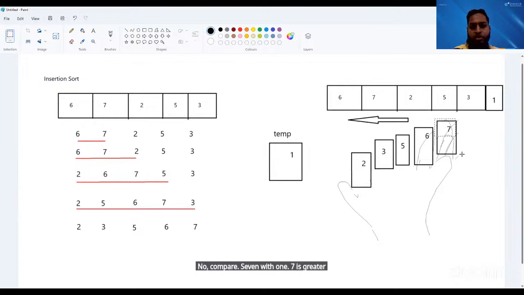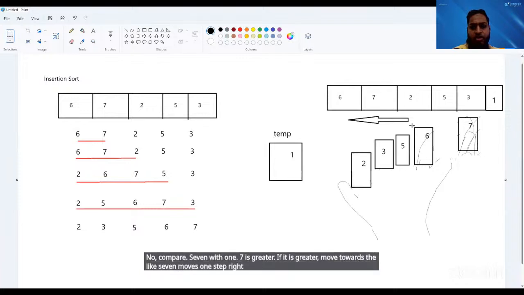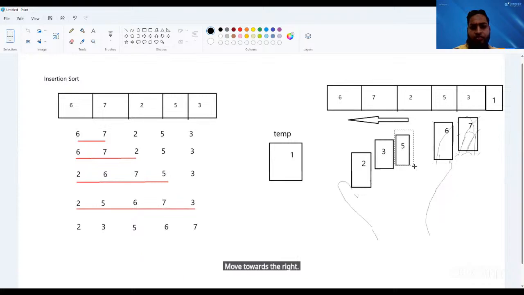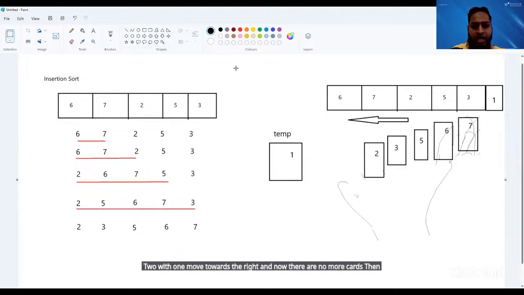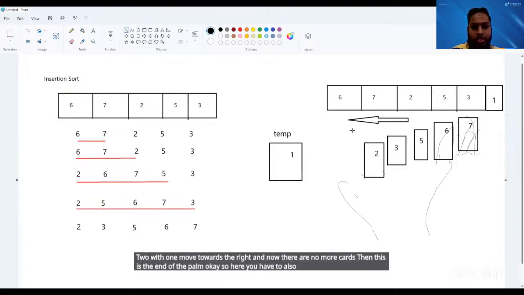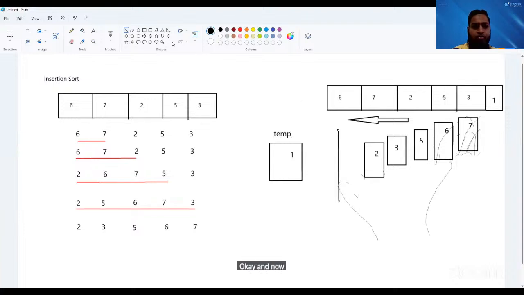If it is greater, move towards the right. 7 moves 1 step right. 6 with 1, move towards the right. 5 with 1, move towards the right. 3 with 1, move towards the right. 2 with 1, move towards the right. And now there are no more cards. Then this is the end of the palm. So here you also have to put an end of the palm. So my end of the palm has been reached. And now I will put the temp over here.